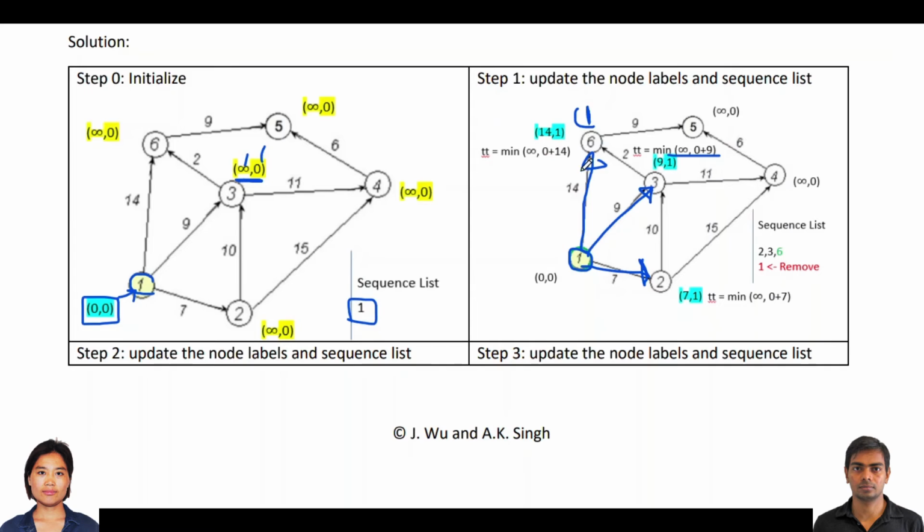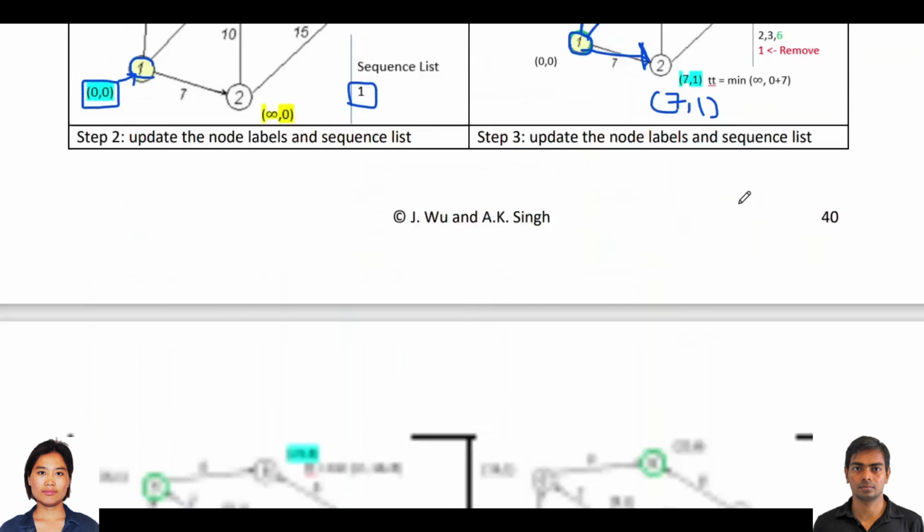The update for this node will be the travel time here, which is 9, and predecessor node as 1. Similarly, the update for this one will be the travel time 7 plus 0, 7, and then predecessor node for 2 will be 1. So that's how the update happens.